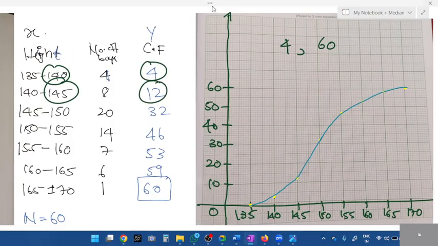If you do this, you'll get 2 marks. If the ogive graph is correct, 3 marks, students. 3 marks for this.